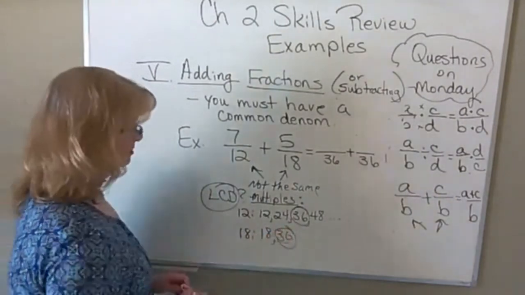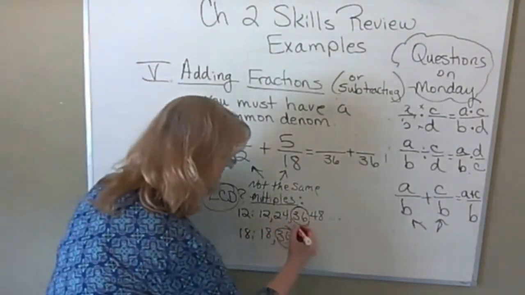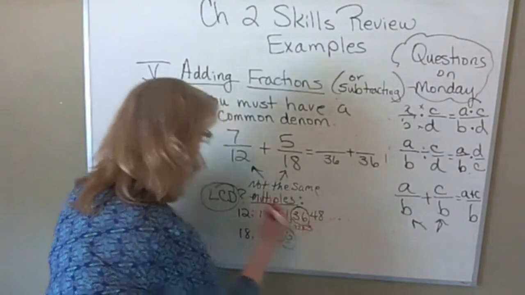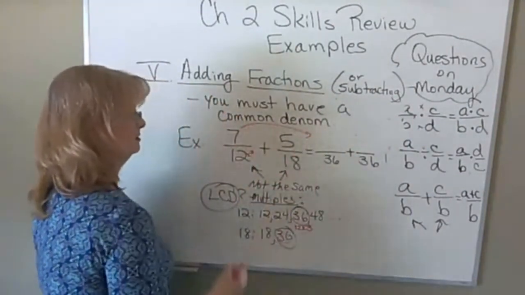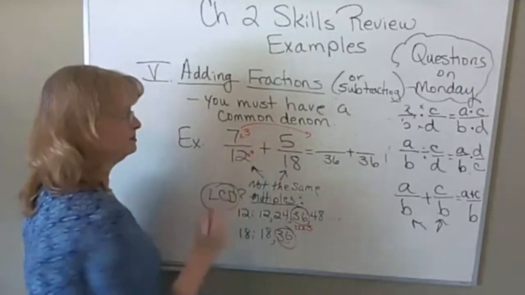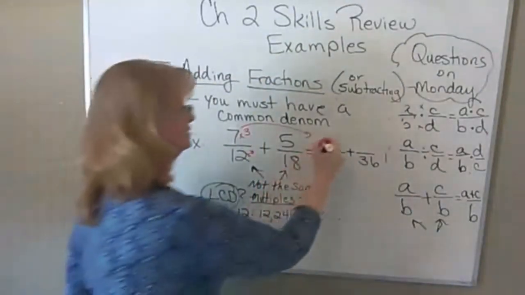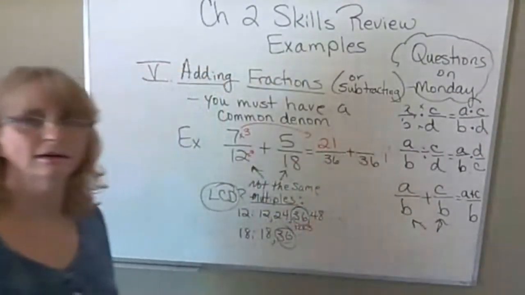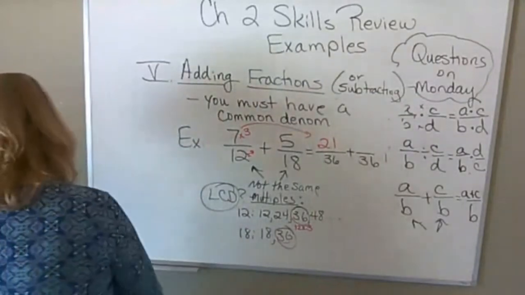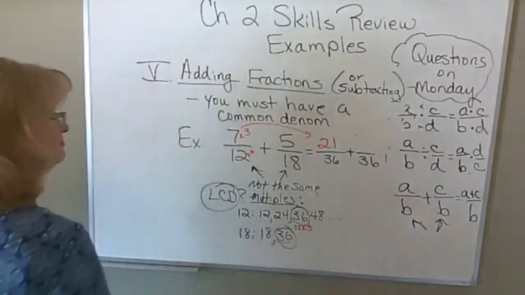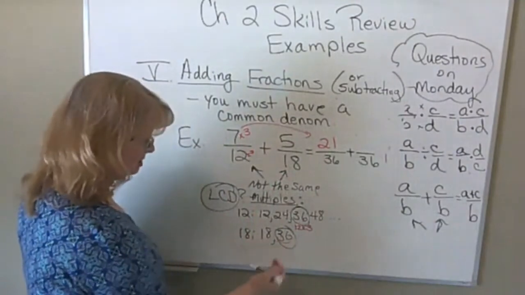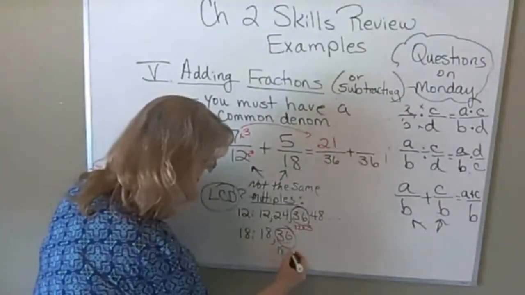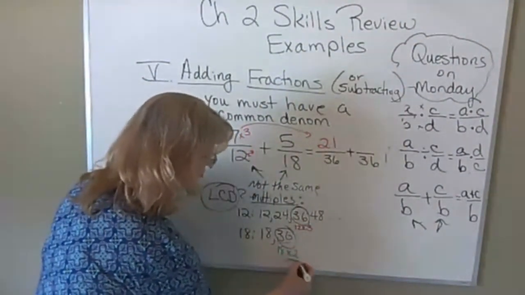So on this one, it was 12 times 3. So this was multiplied by 3. So you have to multiply the top of this by 3. That gives me a new numerator of 21. On the 18, to get 18 turned into a 36, that was 18 times 2.